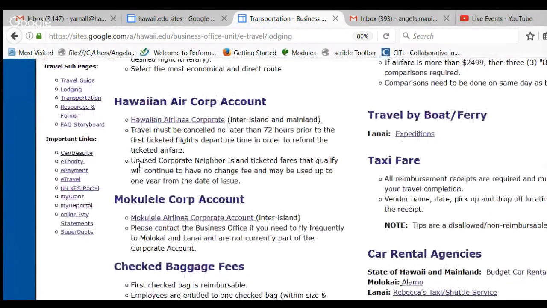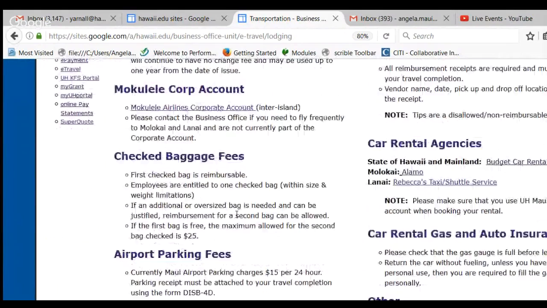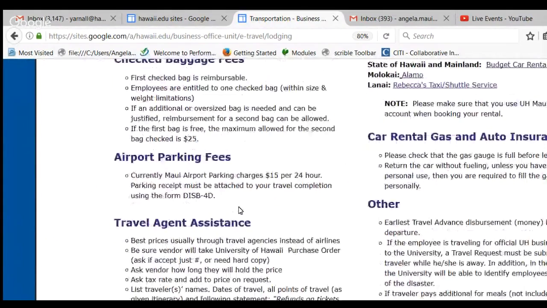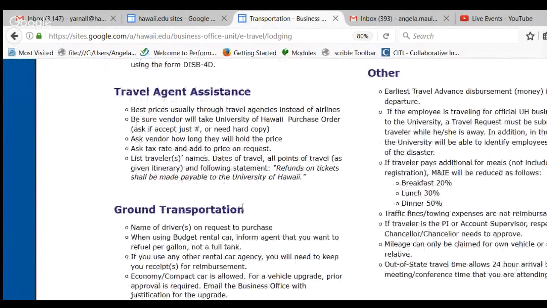I didn't know we could fly on Mokulele. Car rental, taxi fare, check baggage, airport parking. Okay. All right. Yeah, very good.